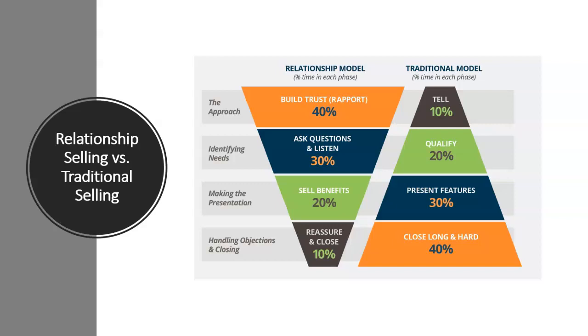With a traditional selling model, so the model on the right that's more of a pyramid, I'm going to spend 10% of my time telling the customer, this is who I am, this is what I do. Then I'm going to make sure that they can afford my product and that maybe there's some kind of need, want.